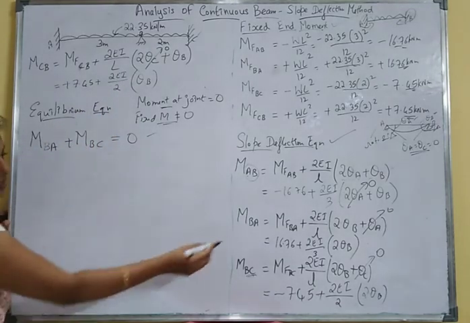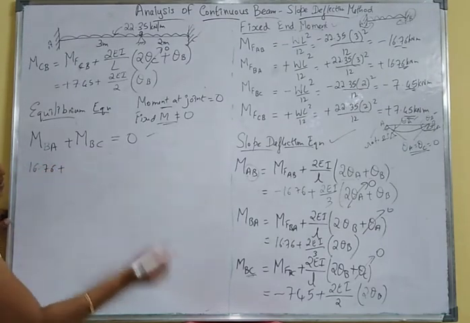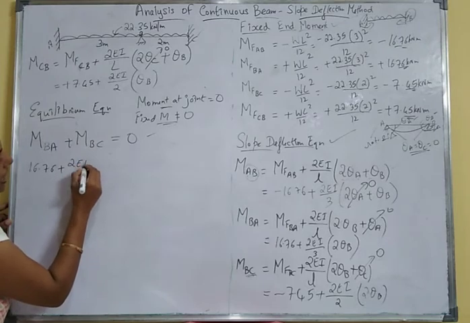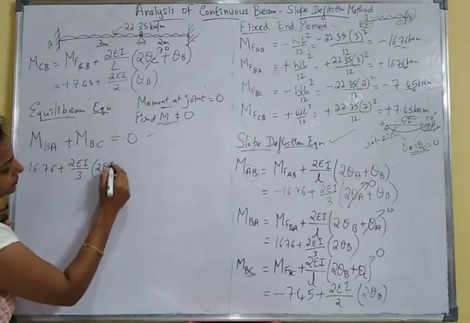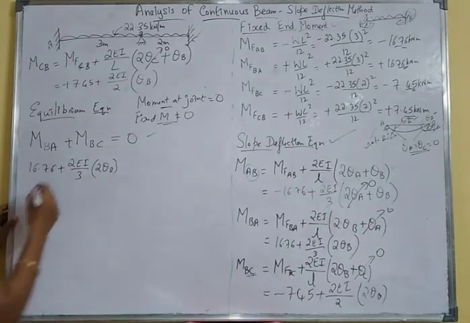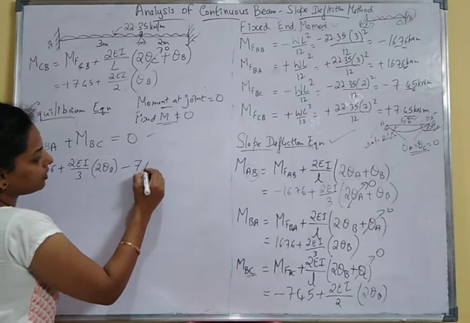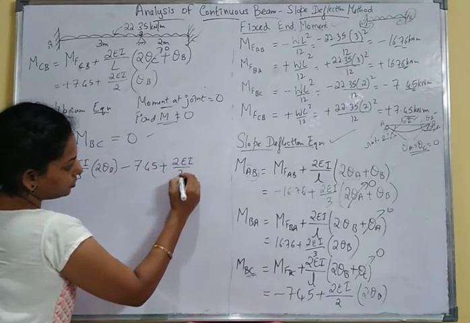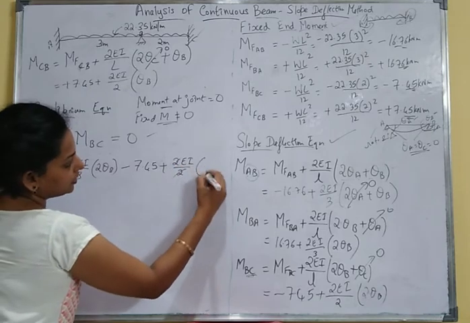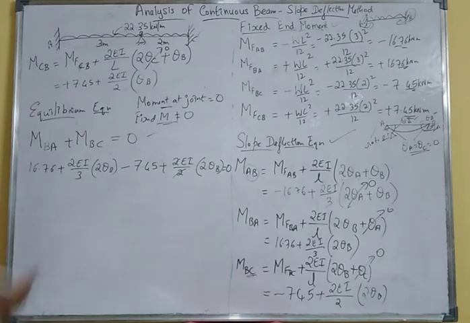Consider MBA, that is 16.76 plus 2EI by 3 into 2 times theta B, plus MBC. MBC is minus 7.45 plus 2EI by 2 times theta B, which is equal to 0.